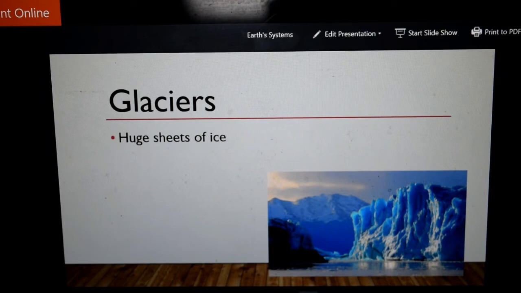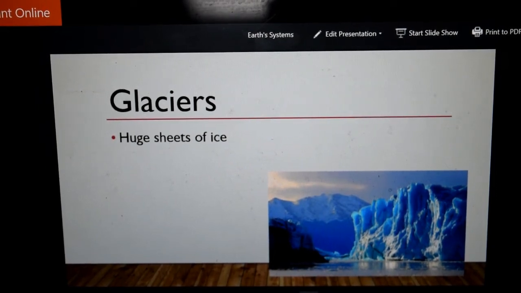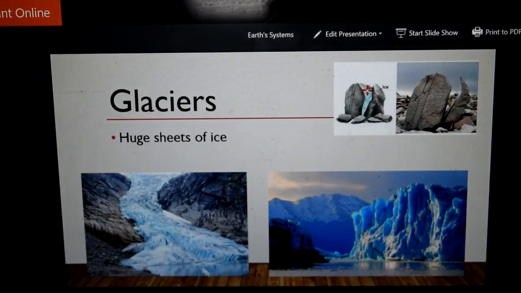But in the other parts where the glacier came through, you don't have as much of that because the glaciers plowed through and got rid of a lot of those hills and rocks and that sort of thing. So here we see a glacier coming down this mountain, and it's picking up rocks as it goes. It can pick up quite big rocks. And here's an example of where the ice gets in between this rock and it can split the rock in two.